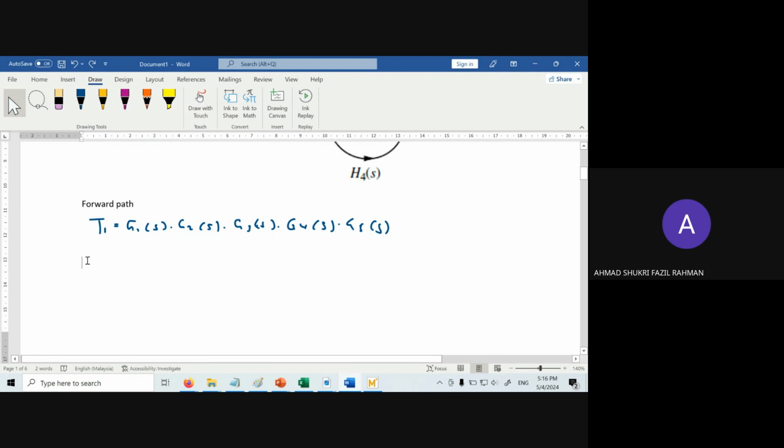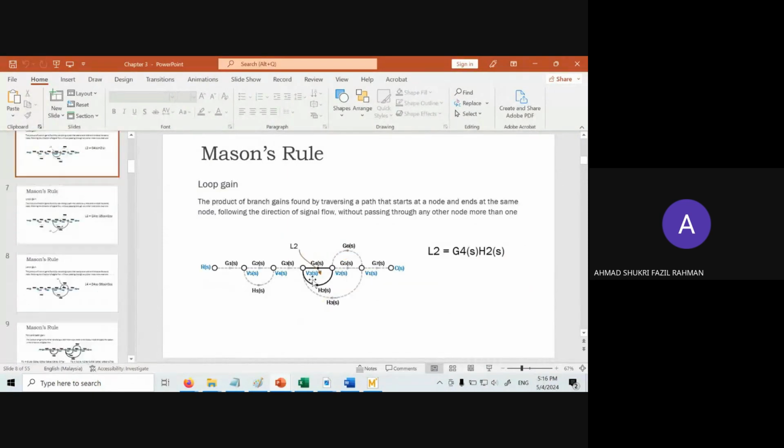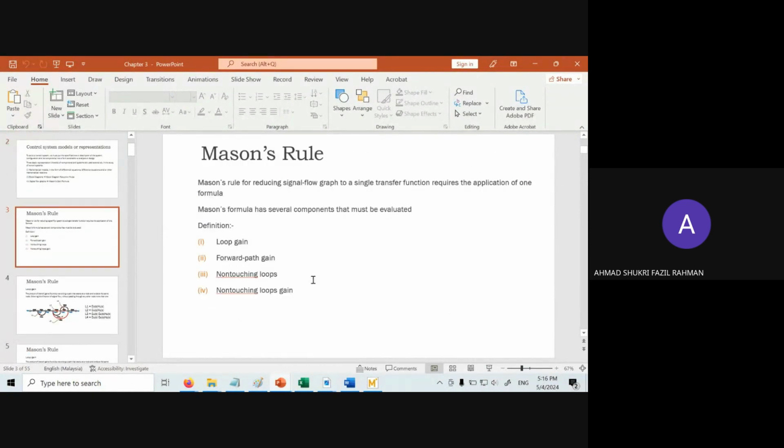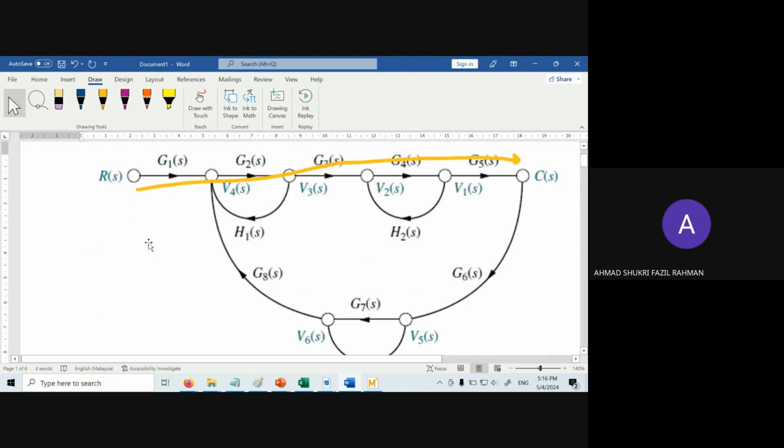And then from here we identify the loops. If you are not sure, you can always refer back to this slide on loop gain. We identify the loops.